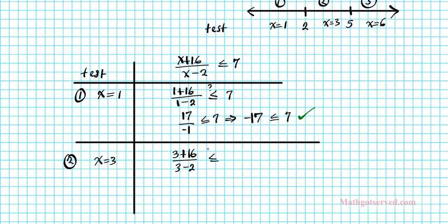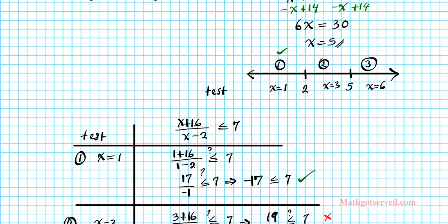Is it less than or equal to 7? Let's simplify that. 3 plus 16 is 19 over 1. Is 19 over 1 less than or equal to 7? Absolutely not. This is a fail right here. So this interval 2 is no good.